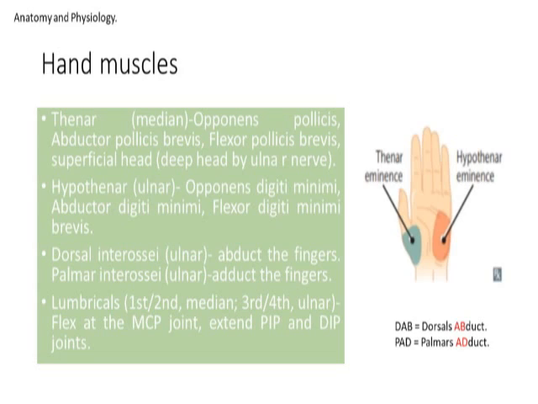Here in that region we have the opponens, the abductor, the muscle that separates, and the flexor, the muscle that flexes, as we see here in the drawing of the hands. It is on the proximal side of the hand, in the palmar region.